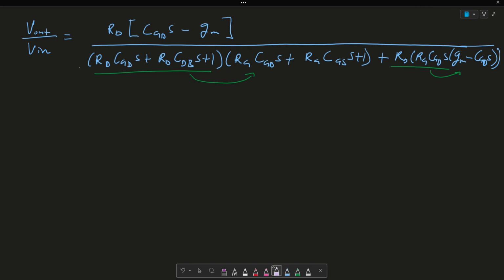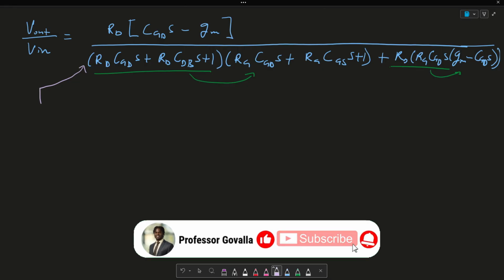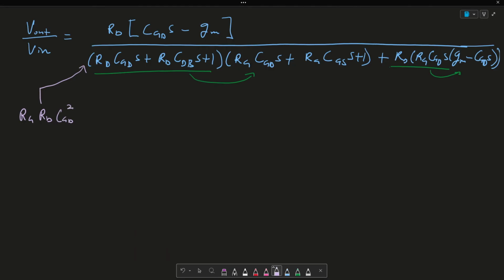So what I'm going to do here is just take the denominator and write out some terms. So I'm going to write out RG, RD, CGD squared S squared plus RG, CGS, RD times CGD S squared plus RD times CGD. This is this term multiplied by all three of these terms.